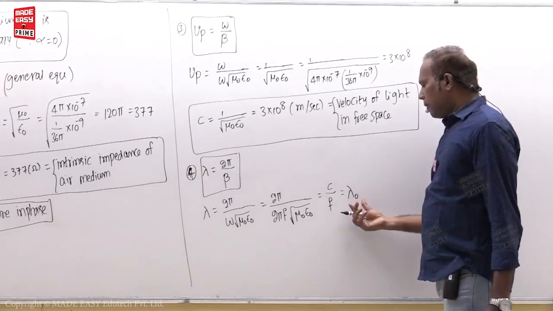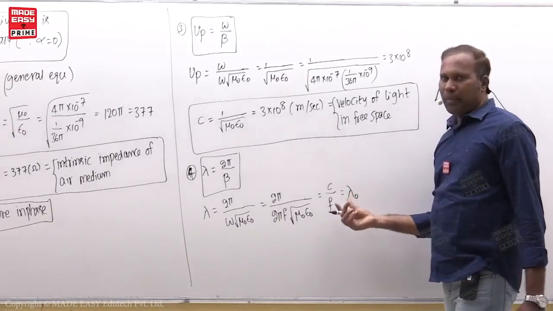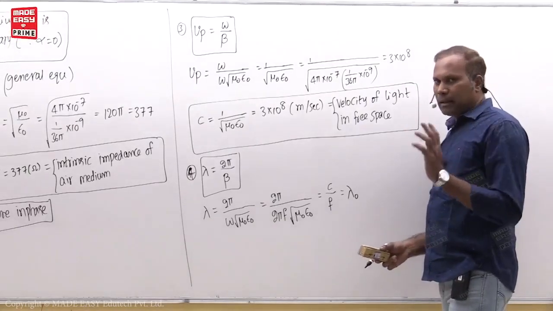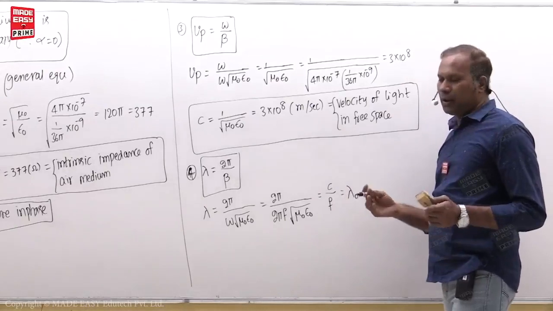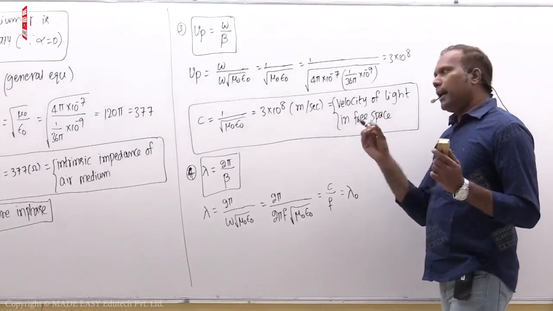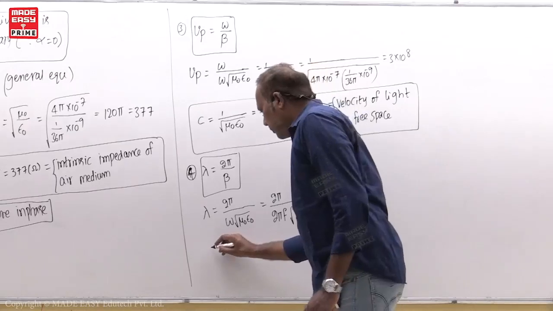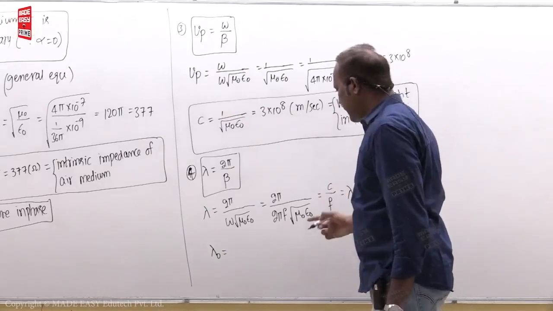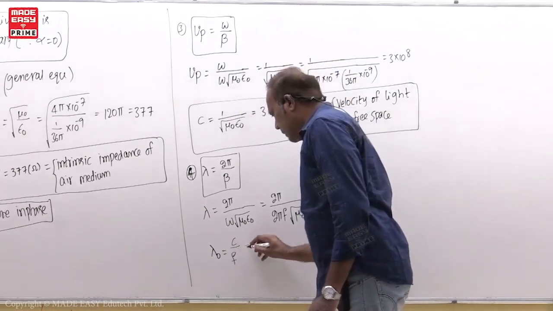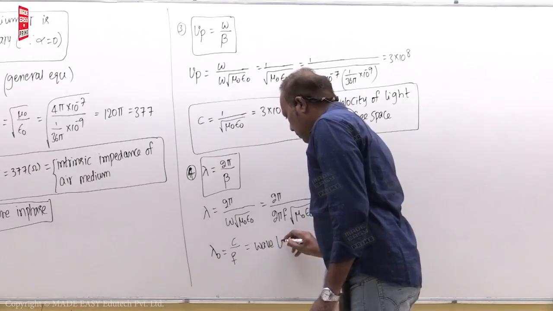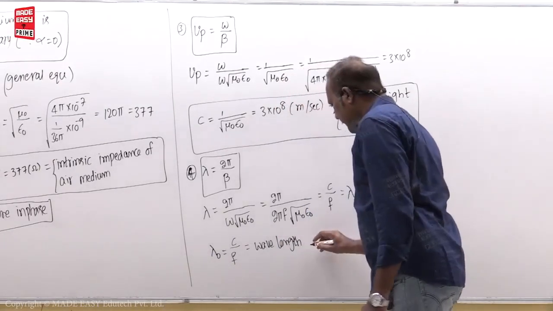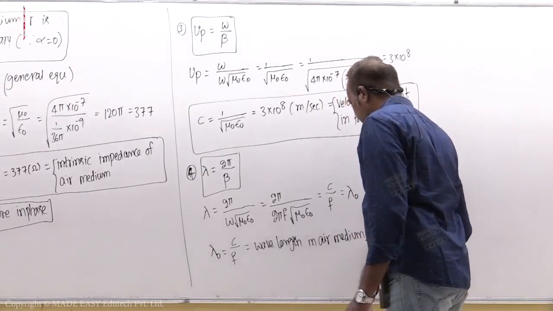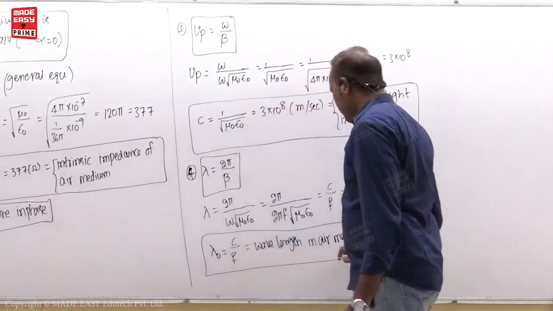That means the wavelength of the air medium or otherwise free space. When an electromagnetic wave travels in air medium, it will have wavelength lambda naught. Here I told you the naught symbol is used for air medium. So lambda naught is equal to c by f, the wavelength in air medium. Okay, this one.